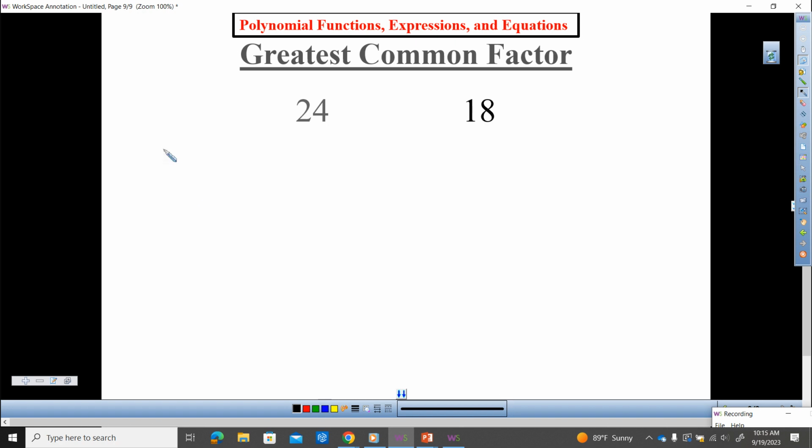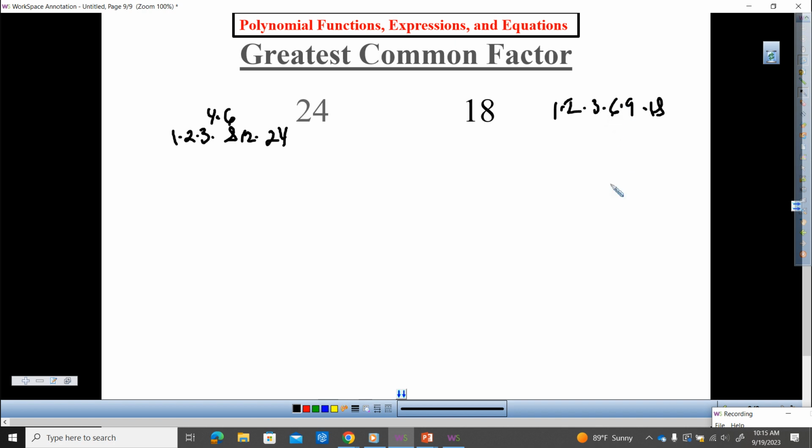So I start with 1 times 24, 2 times 12, 3 times 8, and 4 times 6. Yes? All right. This one is 1 times 18, 2 times 9, 3 times 6, and then they all repeat. Okay? So from those, we need to go with the greatest one. Which one is the greatest one for all? 6, this one, and this one. So my GCF is 6.